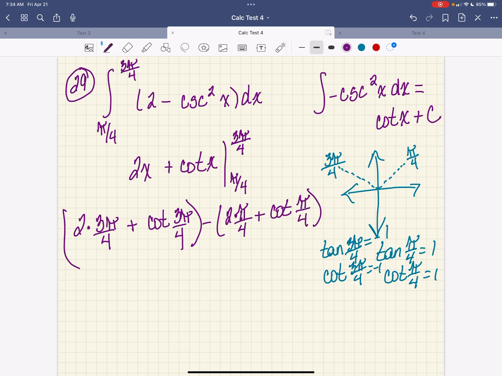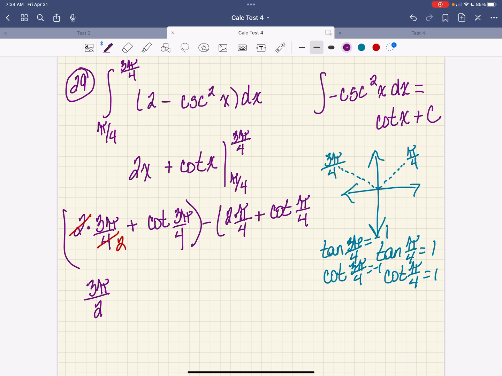Okay, and pi is a constant. It's an irrational number, but it's still a constant. So we're going to keep working with that. So my 4 becomes a 2, and this 2 becomes a 1. And so then here we're left with 3 pi over 2.